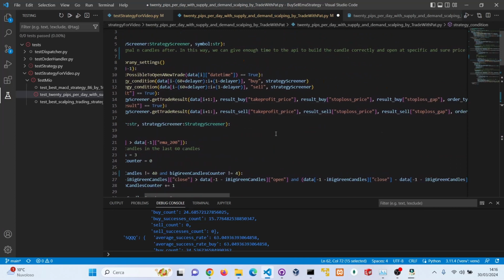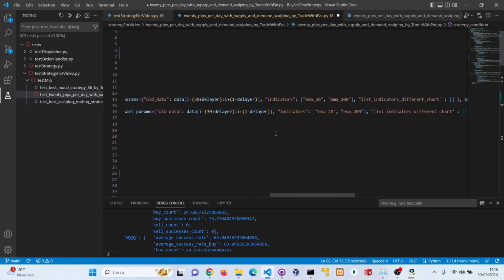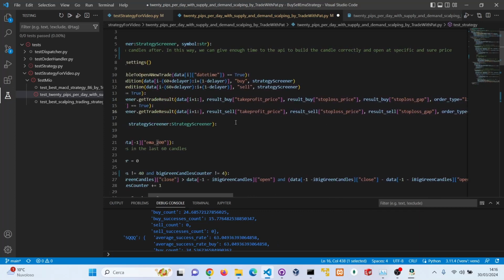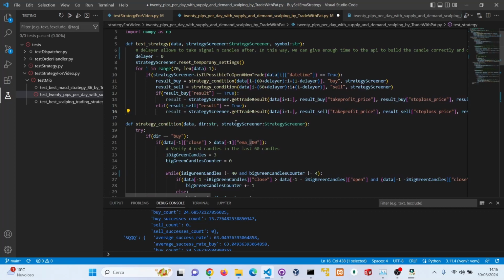The order will be limit, and I only open the position if the order is filled between the last two candles, and after the signal was generated, obviously.